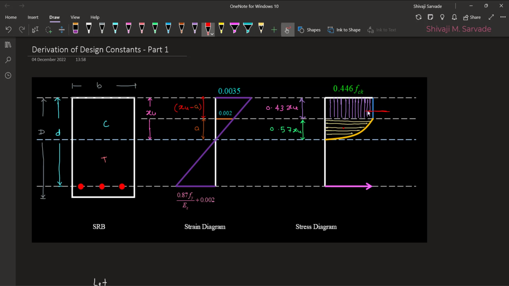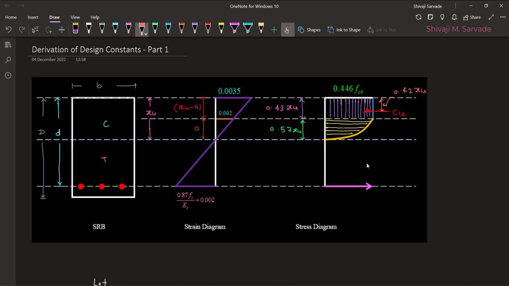Somewhere here our total compressive force Cu acts, and the distance for that is 0.42 XU. So we got not only the force magnitude, which is 0.36 FCK XU into B, we also could locate the force just by locating the centroid of the area.